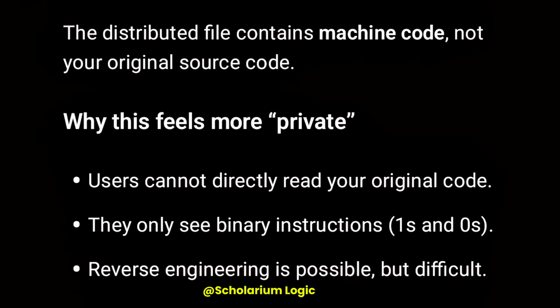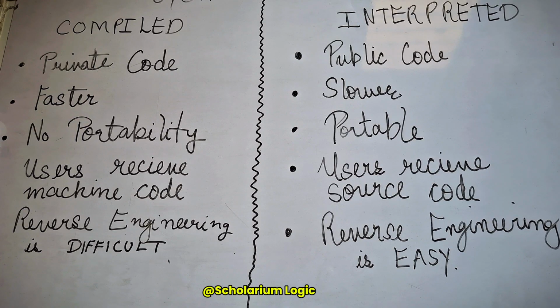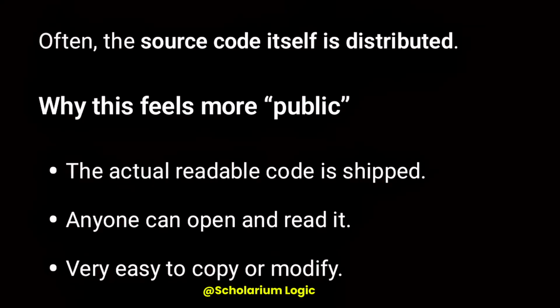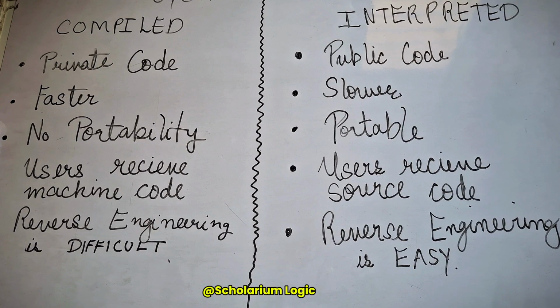In compiled programming languages, users are not able to access the source code. Rather, they get machine level code because the file is directly translated into the .exe file. So the user actually gets a compiled version of the source code and not the actual source code. Whereas in interpreted languages, the user can directly have access to source code. That's why they say that the code in interpreted languages is public.